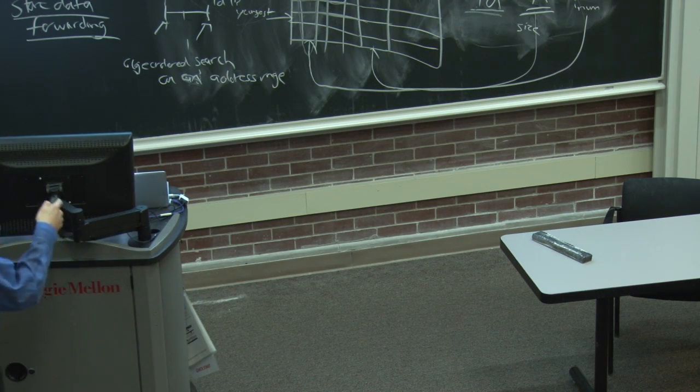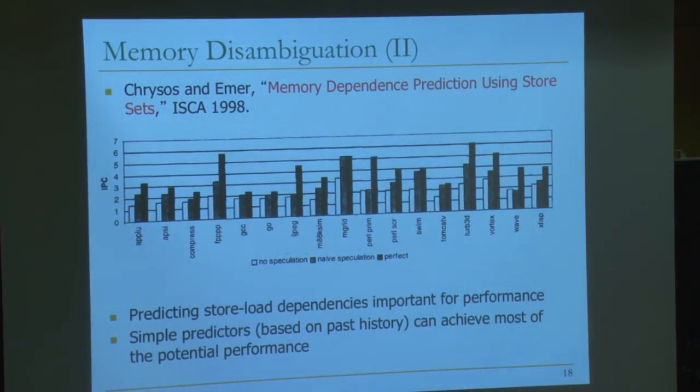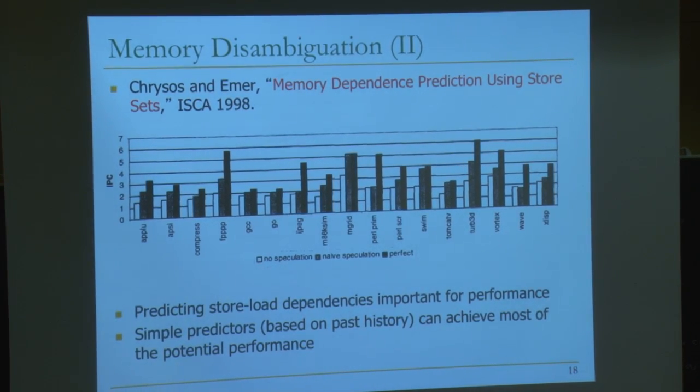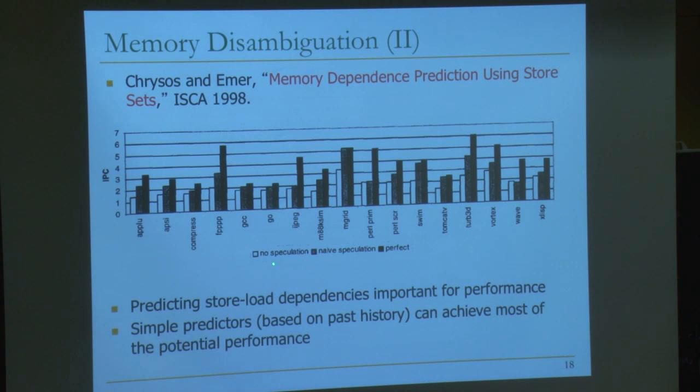That's pretty bad. This is a graph from that Christos and Emmer paper that basically proposed a memory dependence predictor that tries to identify which store a load is dependent on. And if you look at this, there are three bars here for each benchmark. And I believe these are SPEC 92 benchmarks.